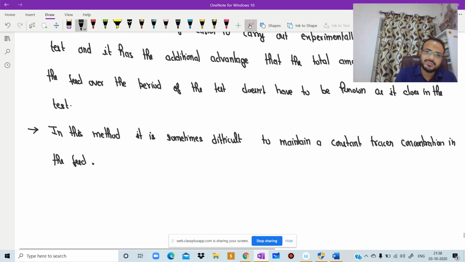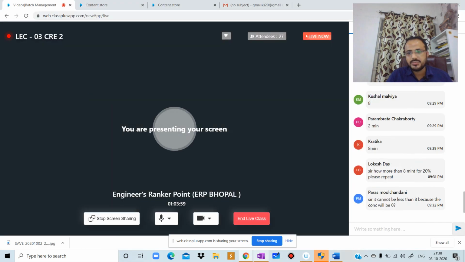One more problem is that in this experiment you need a large amount of the tracer, because we are going to supply tracer at constant C naught. If the tracer is very expensive, then again that is a problem.